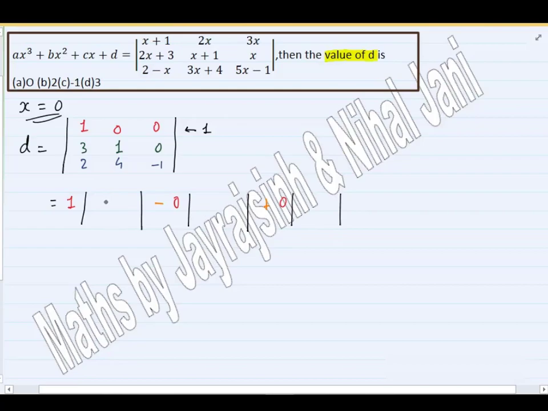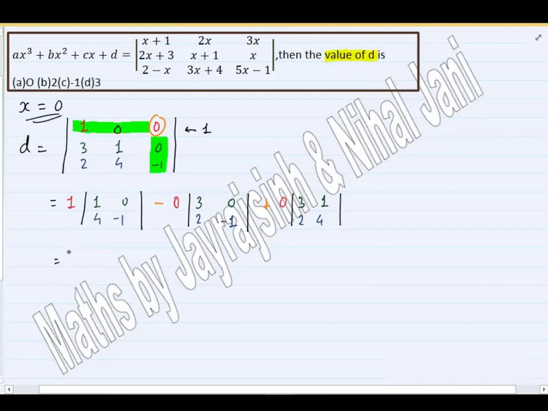Now the first determinant will be 1 0, 4 minus 1, and the rest of the determinants are just a formality, but let's follow the formality. The second determinant will be 3 0, 2 minus 1, and the last one is 3 1, 2 4.